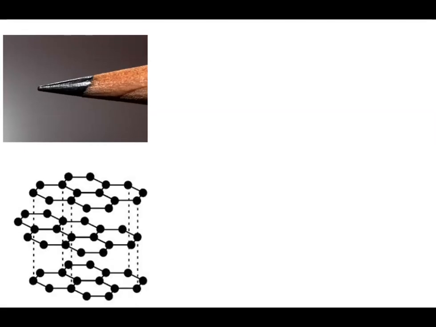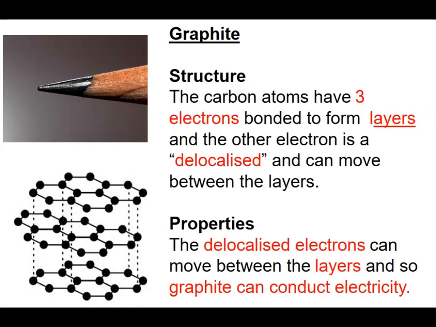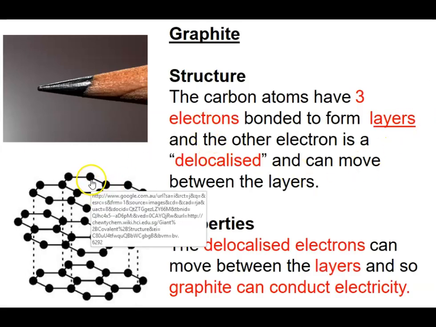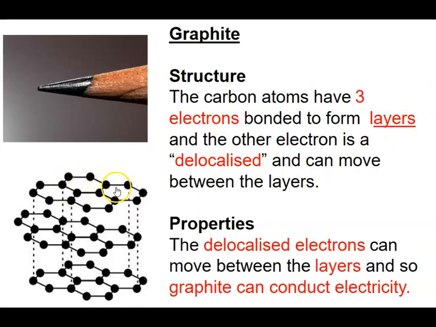Now we'll look at what your pencil is actually made out of. It's made out of graphite. Graphite is like diamond in that you've got these rings. You noticed the rings on diamond before.